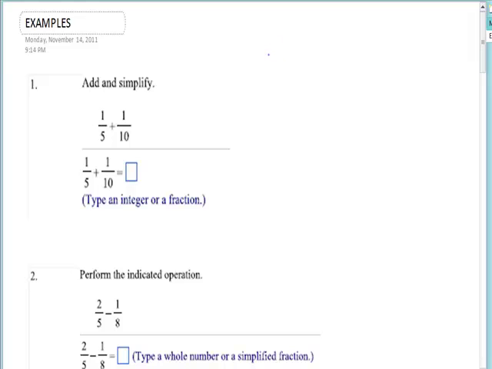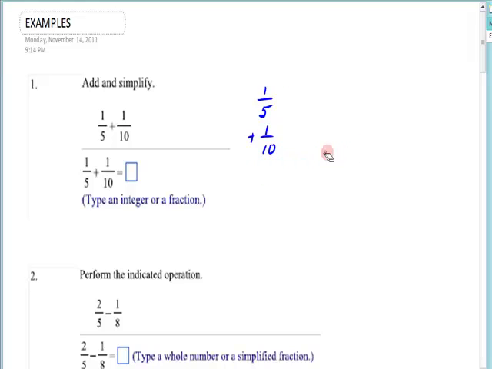Problem number 1. It is certainly just your choice, but I'm going to go ahead and write these fractions one under the other. It's a little bit more common to see it done this way, although as you move into algebra, into other courses, you may start seeing them written in this horizontal fashion more. All right, first thing I need to do is look at the 5 and the 10 and find the common denominator.